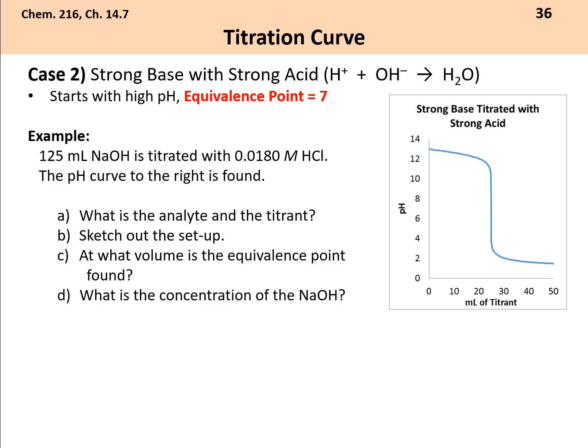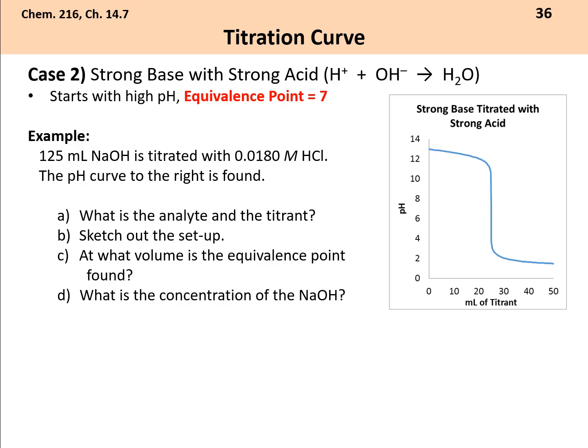Let's now actually use a pH curve for what we want to do. Why do we do pH curves? We do titration in order to figure out the concentration of one analyte.